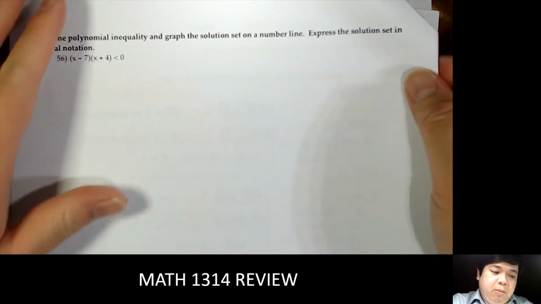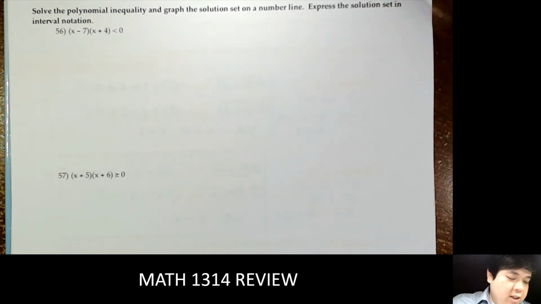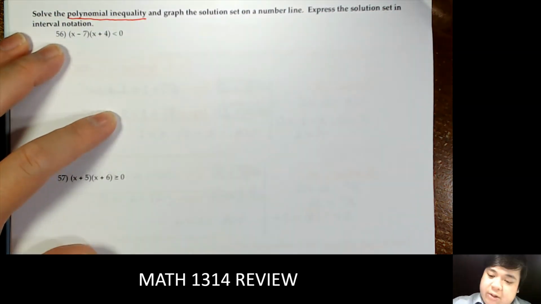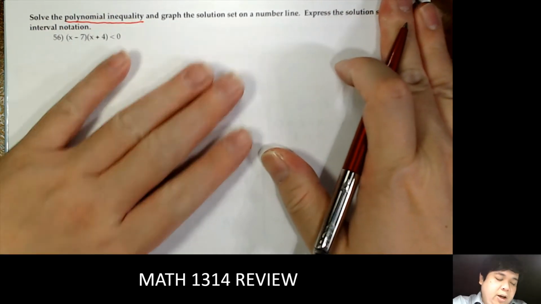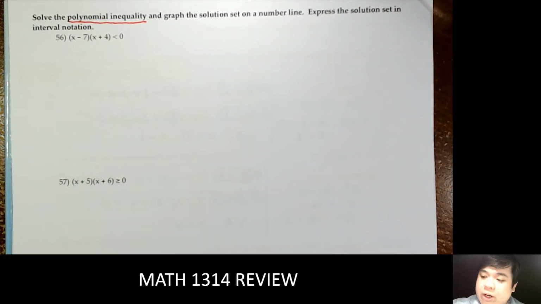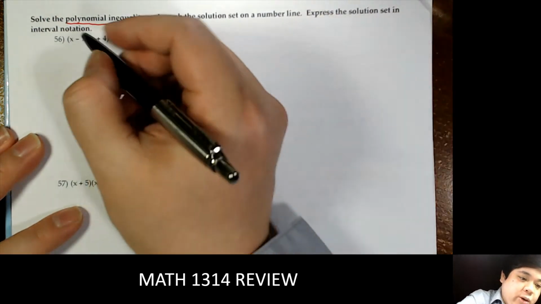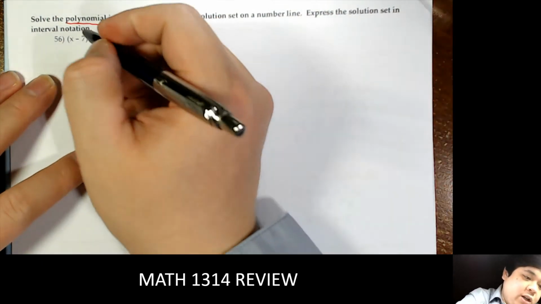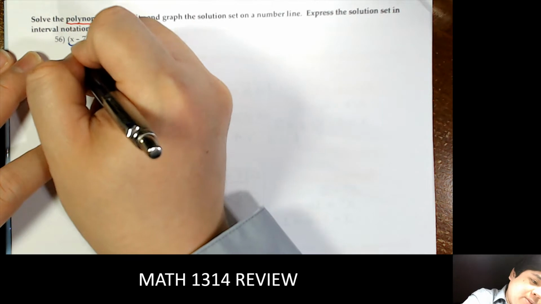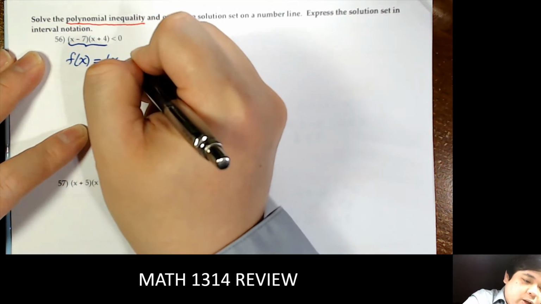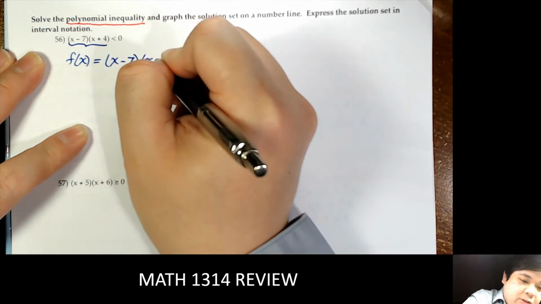Next we have polynomial inequalities. Right. For a polynomial inequality, we need to have a function less than or greater than or equal to 0. It's not important which; we just need to have 0 on one side. So in this case, we have f of x equal to x minus 4, x minus 7, x plus 4.